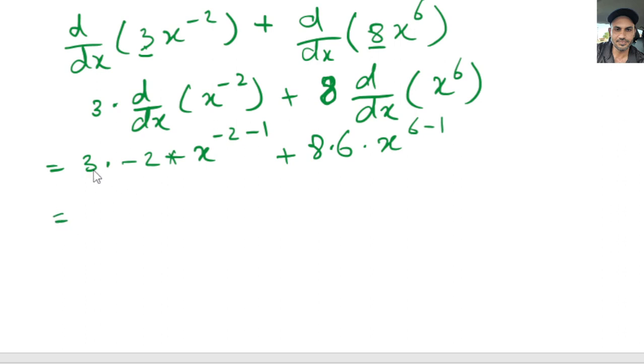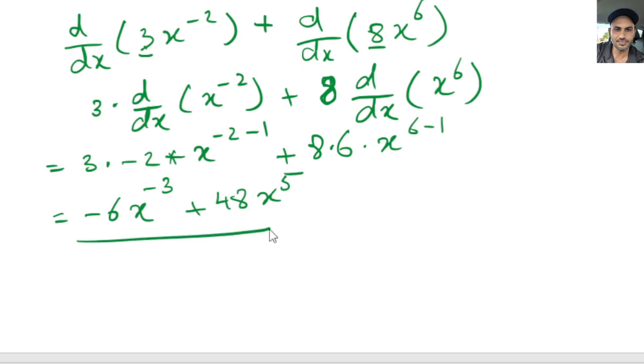So we have 3 times negative 2 is negative 6, and x to the negative 2 minus 1, which is negative 3, plus 8 times 6 is 48, and x to the 6 minus 1 is 5.